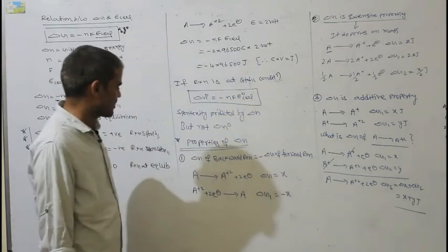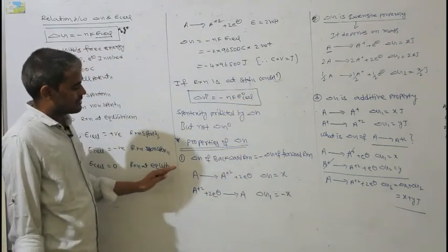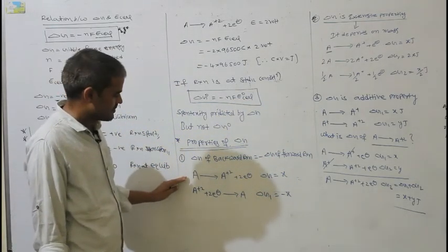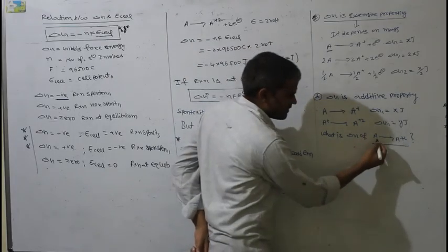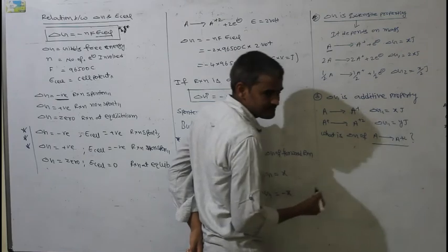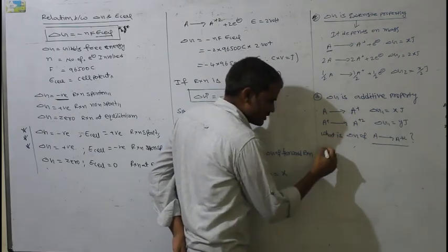So these are the three important properties of del G. Now we need del G for A giving A plus 2, so add these two equations.